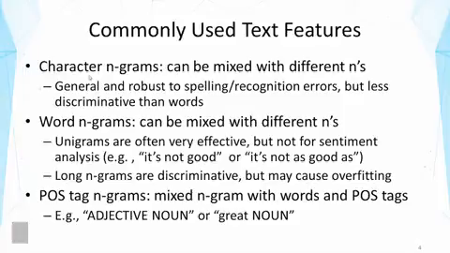For example, we might see a sentence like, it's not good, or it's not as good as something else. In such a case, if you just take good, that would suggest positive, but that's not right, so it's not accurate. But if you take the bigram, not good, together, then it's more accurate.